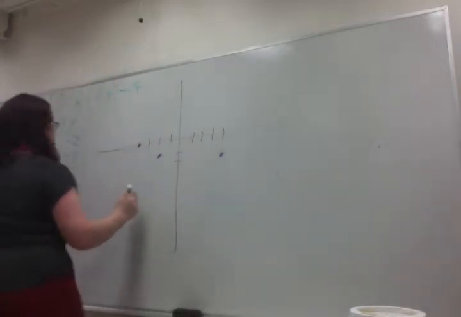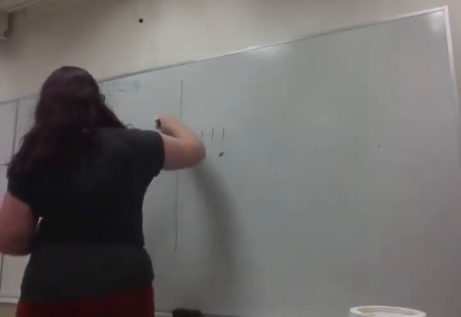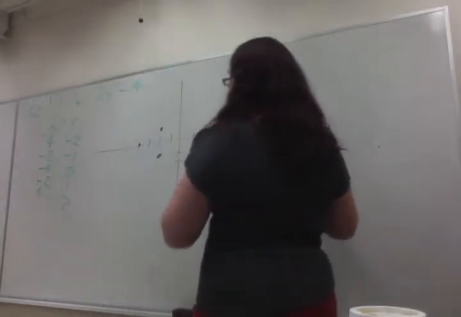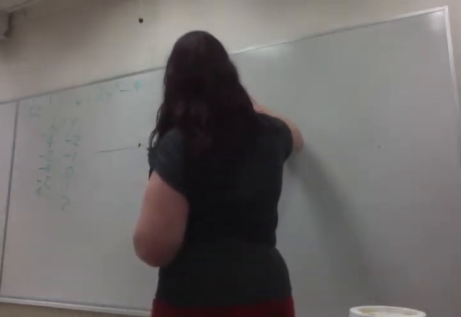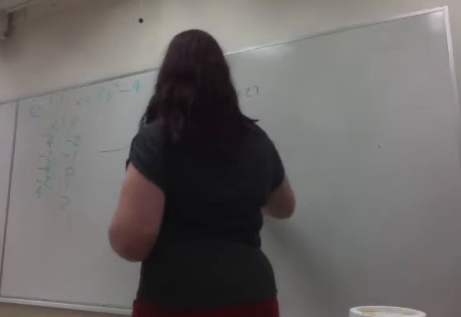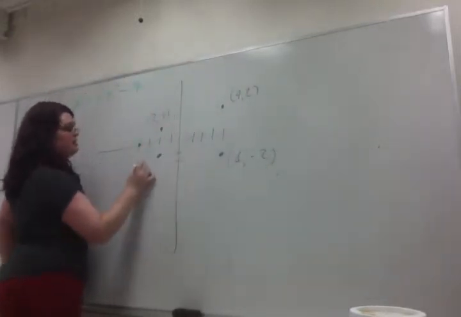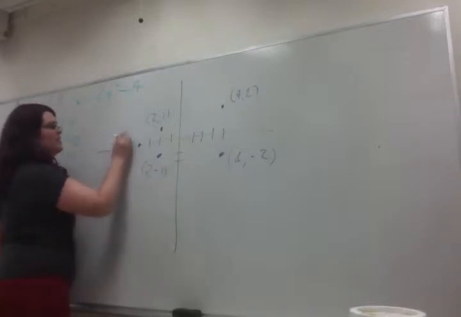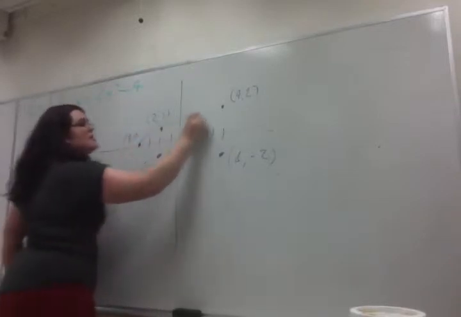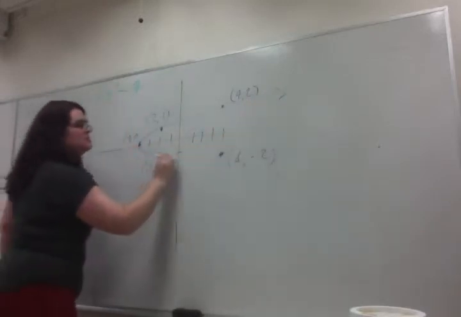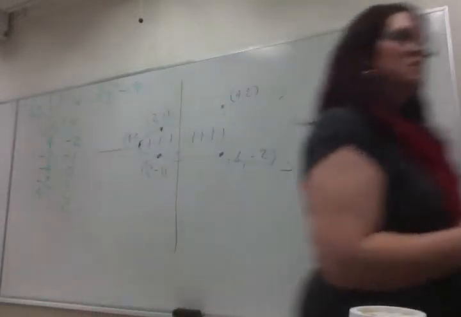This is 4, 2. This is 4, negative 2. This is -2, 1. This is -2, negative 1. And this point here is negative 4, 0. And if we connect the dots, we get a curve that looks like that blue line there. That's what the graph of x equals 2y squared minus 4 is going to look like.